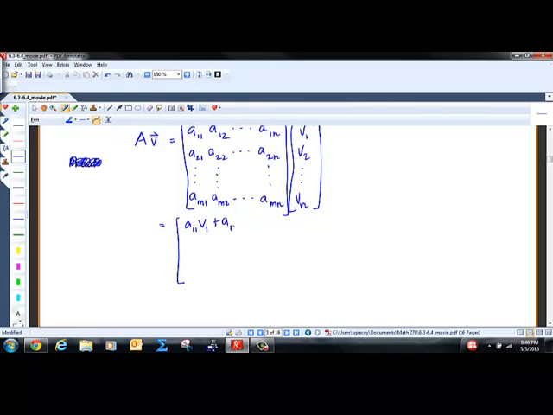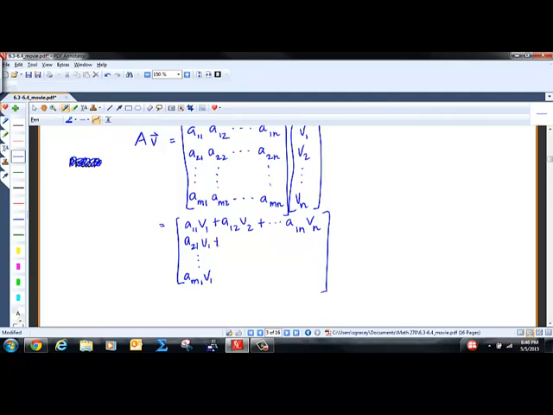Perfect, A12 times V2, all the way down to A1N times Vn. And then this guy is going to go A21 V1, all the way down to AM1 times V1.